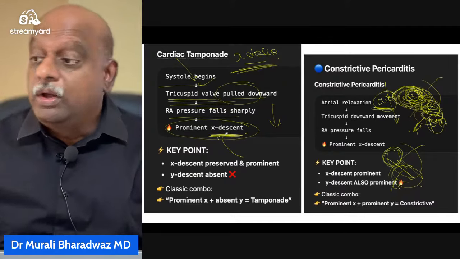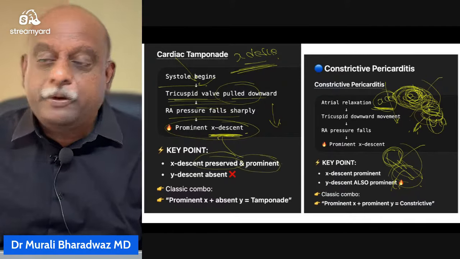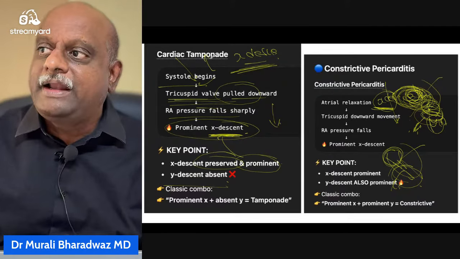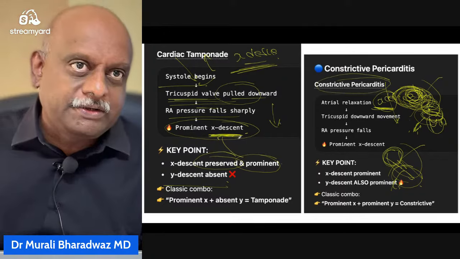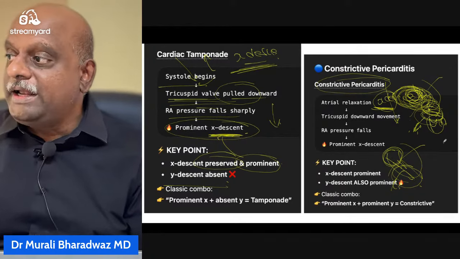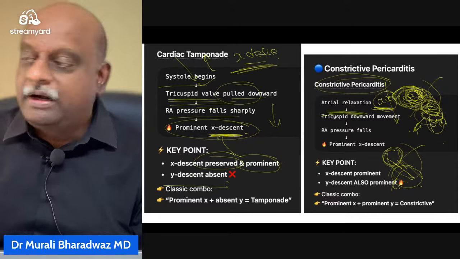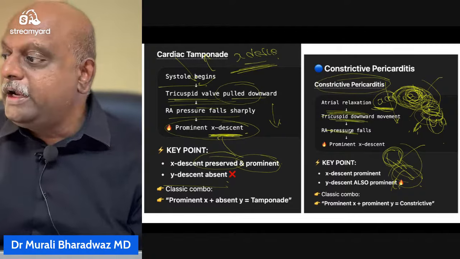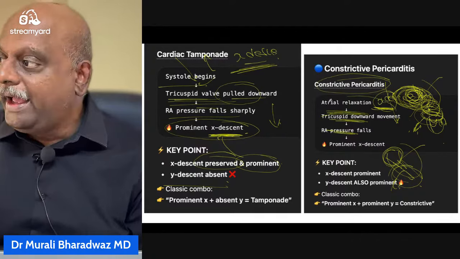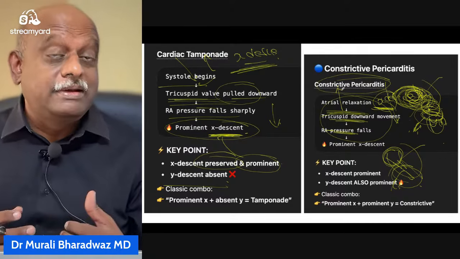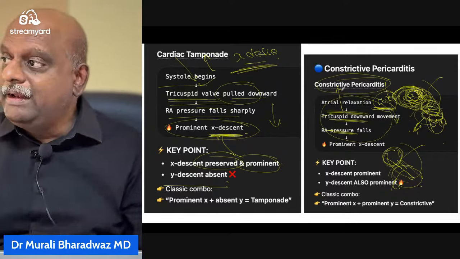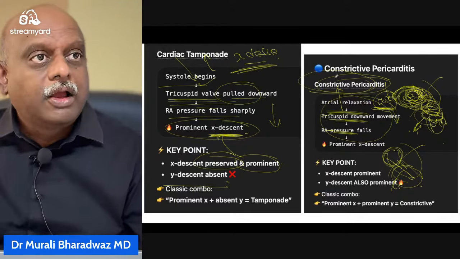Okay? So the X descent is preserved and prominent, the Y descent is absent, that is cardiac tamponade. Now coming to constrictive pericarditis. Why does the X descent occur? Atrial relaxation, tricuspid downward movement, RA pressure falls, and this happens more prominently in constrictive pericarditis.